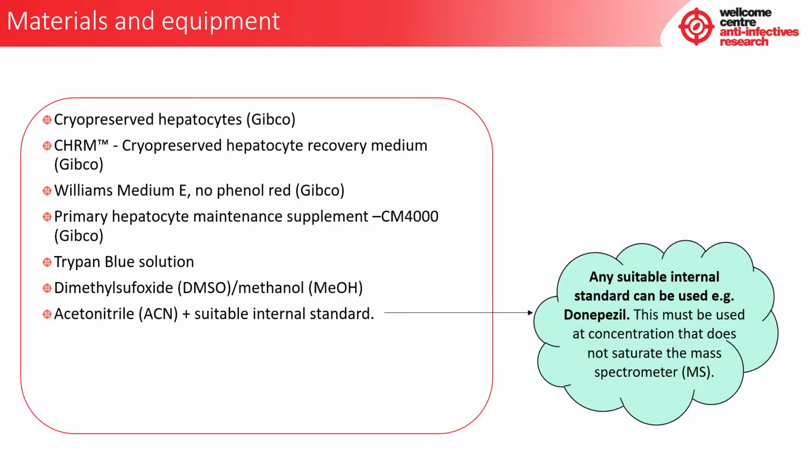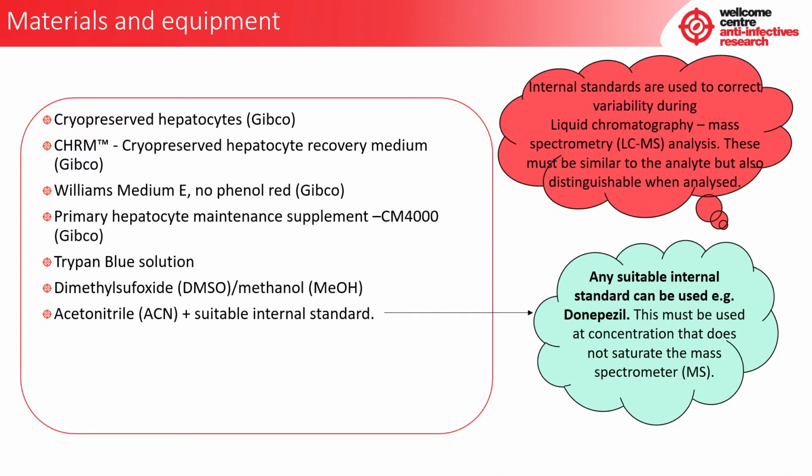Any suitable internal standard can be used, for example donepezil. This must be used at a concentration that does not saturate the MS. Internal standards are used to correct variability during LCMS analysis. These must be similar to the analyte, but also distinguishable when analysed.